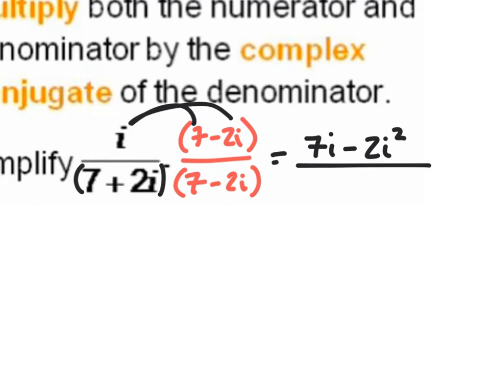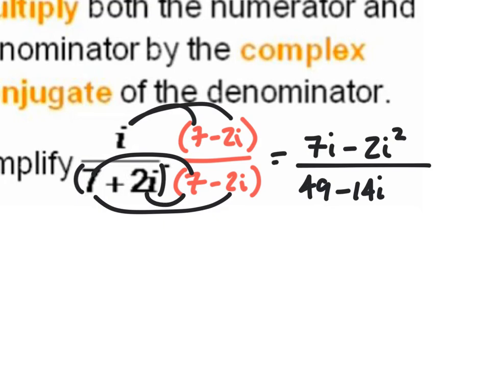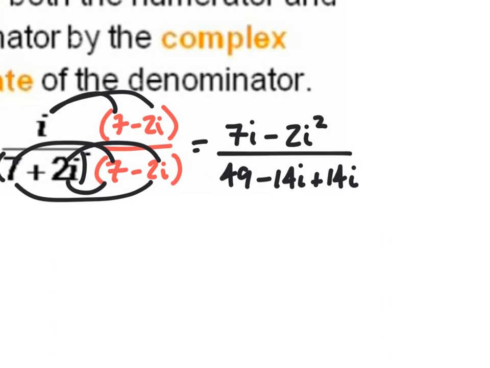But down here, we would do 7 times 7, which gives us 49. And then I would do the outside, so I would do minus 14i. And then here I would do plus 14i. And then 2i times negative 2i, let's do that here. I'm going to do plus 2i times negative 2i.